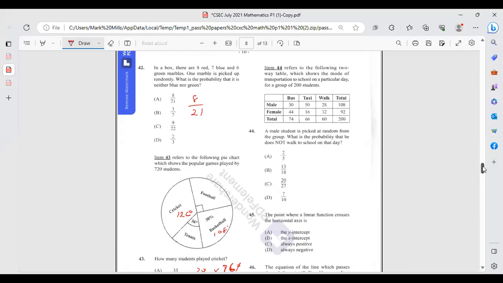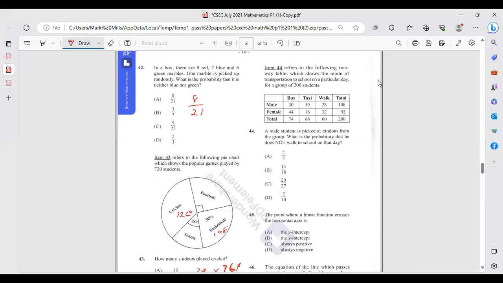A male is picked at random from the group. What is the probability that he does not walk to school that day? A male who does not walk to school that day.